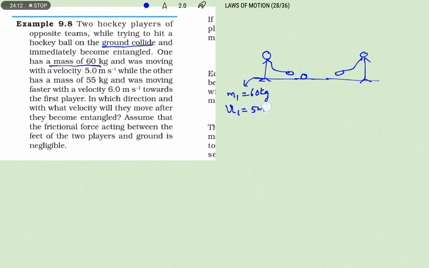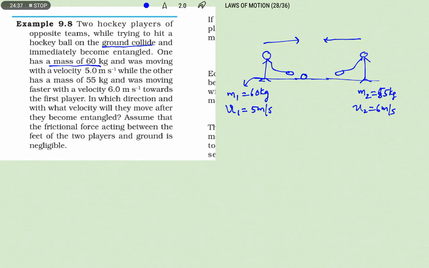5 meter per second. The other has a mass of 55 kg and he is moving with a velocity of 6 meter per second towards the first player. So the first player is moving along the positive x direction, the next player is moving along the negative direction.